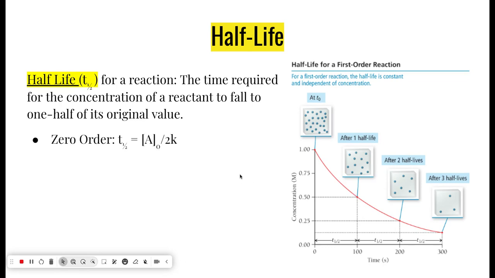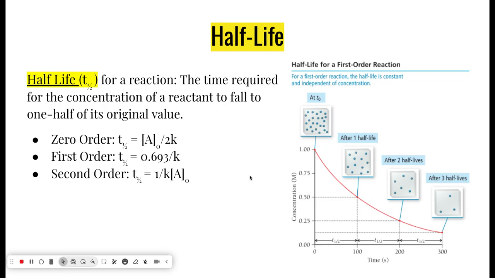Okay, so the half-life for a zero order reaction is T1/2 equals the initial concentration of A divided by 2 times the rate constant. For a first order reaction, it's 0.693 divided by the rate constant. And for second order, the half-life is equal to 1 over K times the initial concentration.